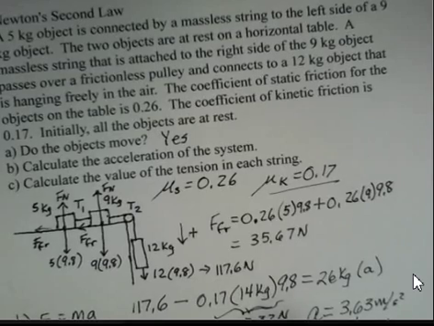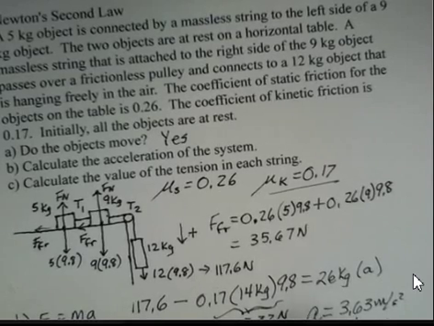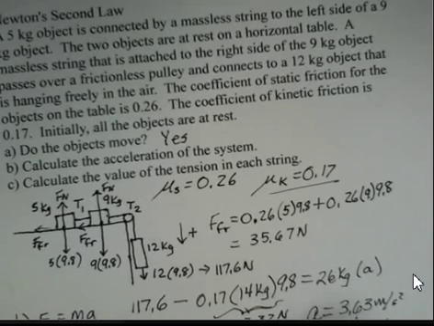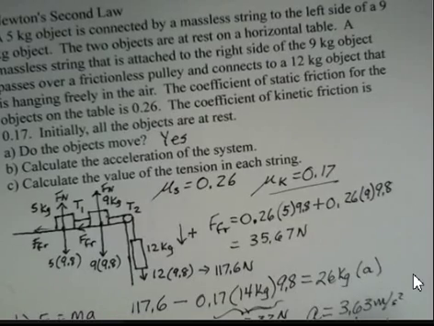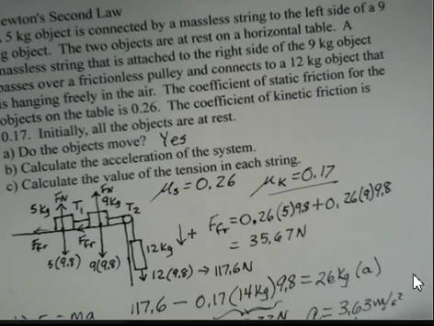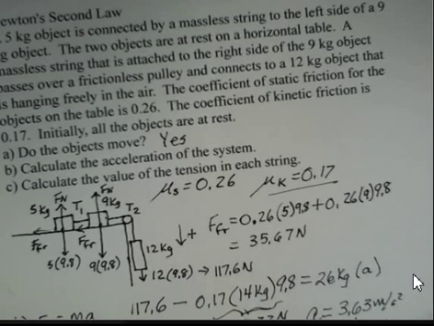So if I take this direction to be positive, T1 minus the force of friction, 0.17 times 5 times 9.8, that's our net external force acting on this object. The object we're considering now is 5 kilograms, and we have an acceleration 3.63 off to the right.